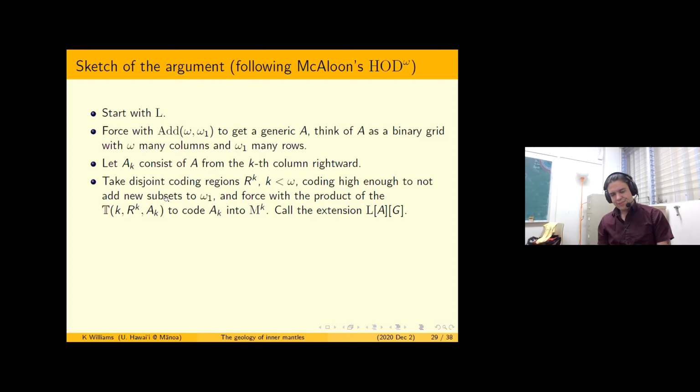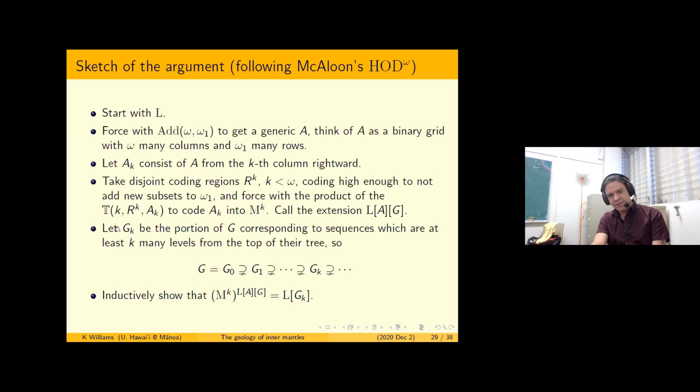So what's the idea? You cut off the first, say, 17 bits of each Cohen real. That gives you these omega-1 many Cohen reals. And you code this into the kth inner mantle. As you get farther and farther along, you're cutting off more and more of these bits. And so let's call the extension L[G].